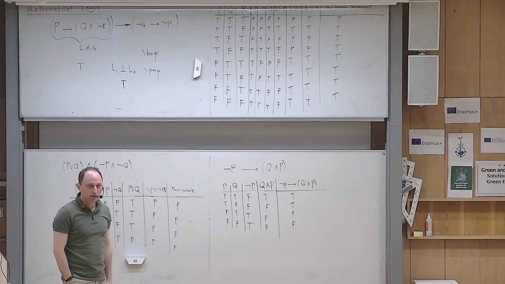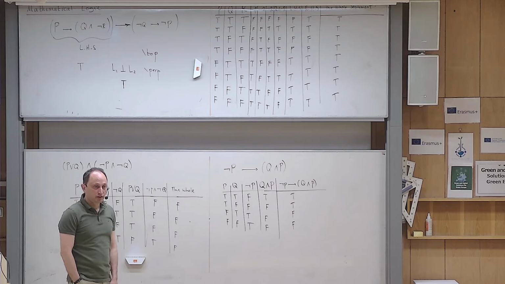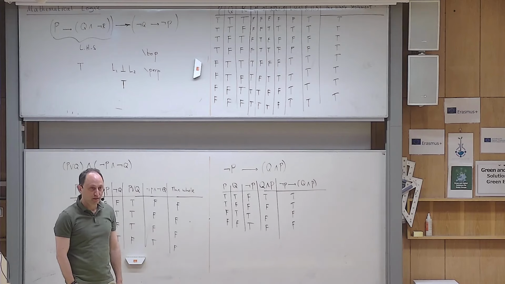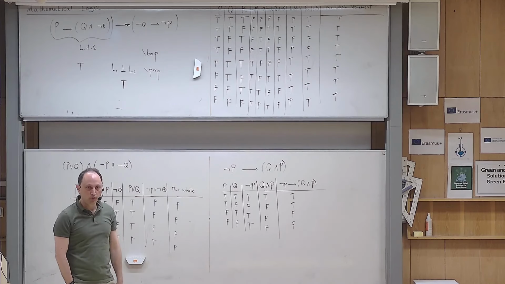Supposed to map that to some more intuitive example. For example, I can say the contradiction is that not Q implies not P. No, that not Q implies not P is called the contrapositive of another implication. Yes, we will talk about that as well. A contradiction is just like, for example, the door is open and the door is closed.